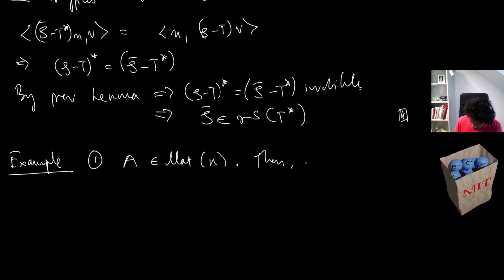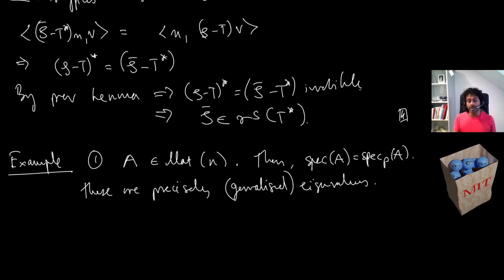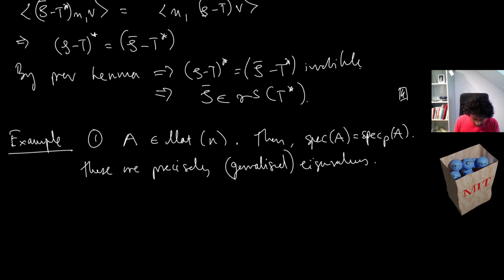Then the spectrum is only point spectrum, and these are precisely generalized eigenvalues. Well, I say generalized, I mean they're eigenvalues, but the eigenspaces might be more than just those corresponding to the eigenvalues, right? Because you could have a block matrix.